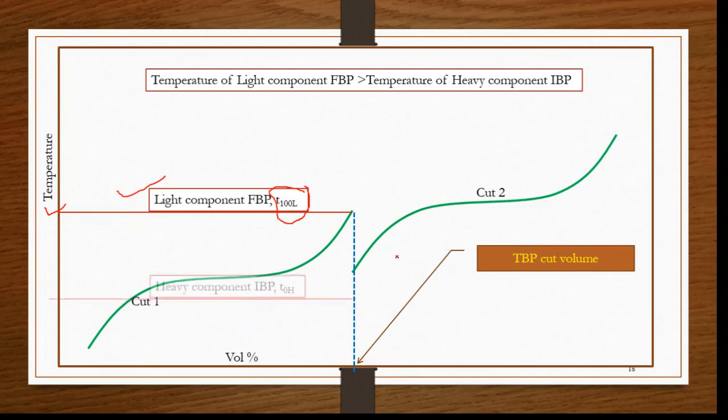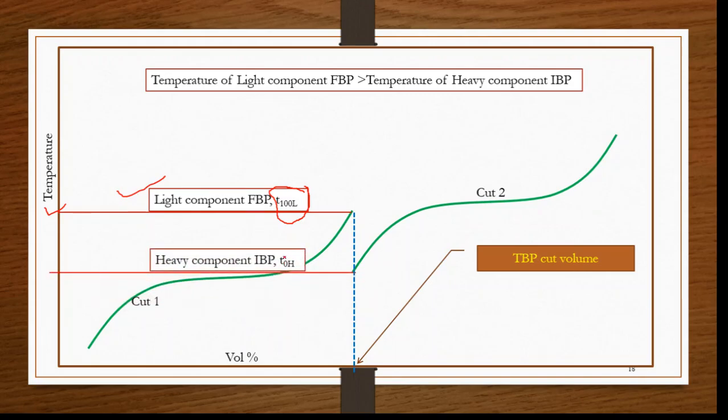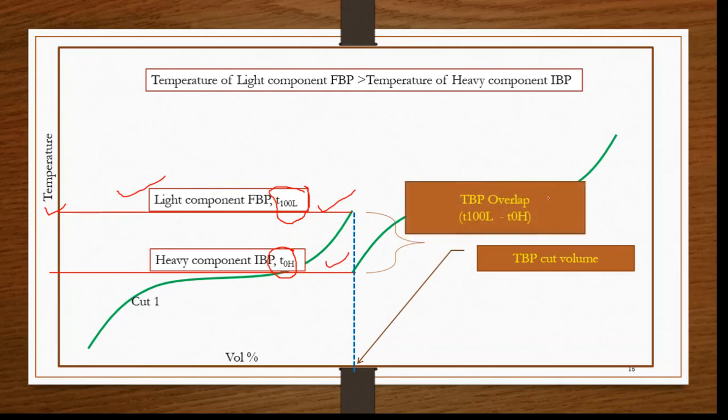Similarly, for the heavy cut's initial boiling point, that is called T0H, meaning the initial point of the heavy cut. So you also understand the mathematical terms of these two things. The difference between these two values is a very important thing. The final boiling point of light minus the initial boiling point of heavy is called the TVP overlap.